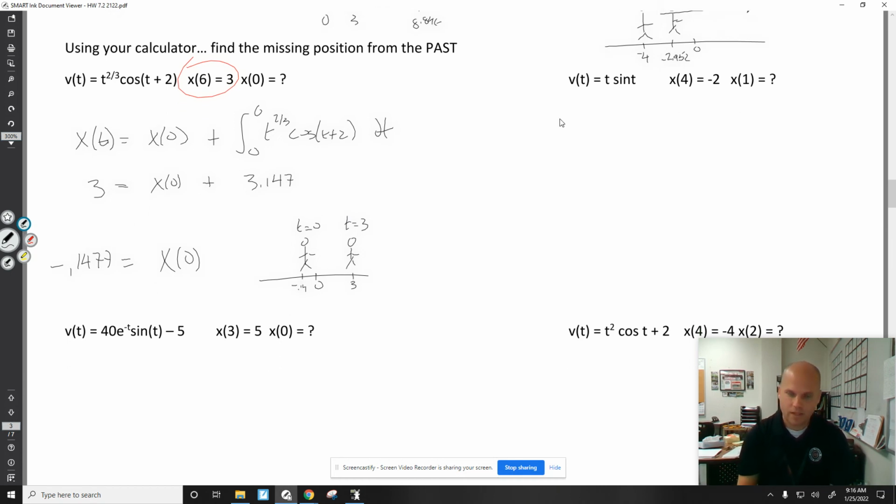Okay, same deal. Now, if you wanted to, you can immediately just have it solved for. It's like my unknown position from the past equals my known position in the future. And then instead of adding my displacement between the two from 1 to 4, I'll subtract my displacement.